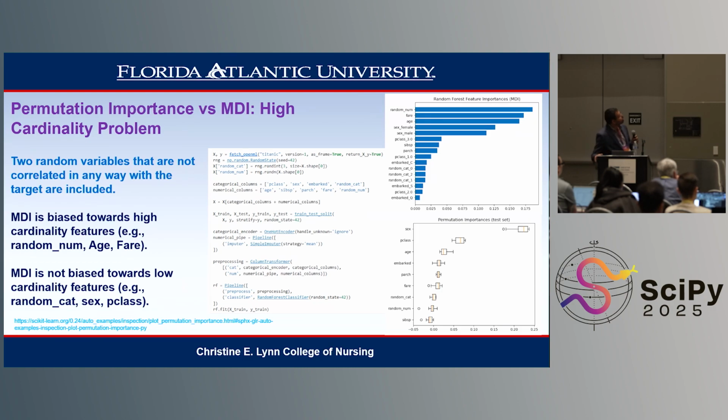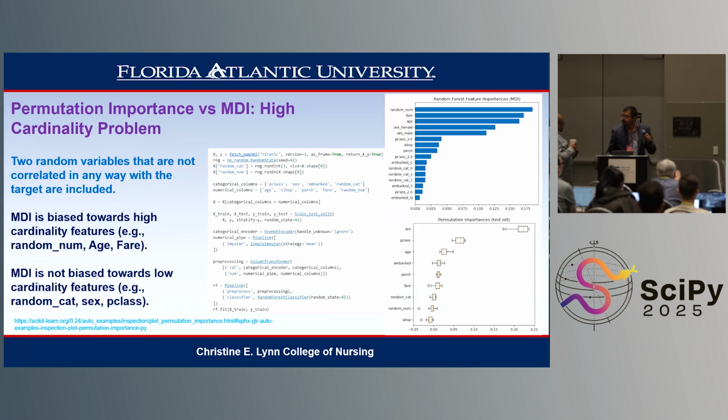So if you look into some of the earlier things, we are introducing a couple of random variables. One is a random categorical variable. It literally says x in bracket random_cat and x in bracket random_num, so that's the continuous variable.